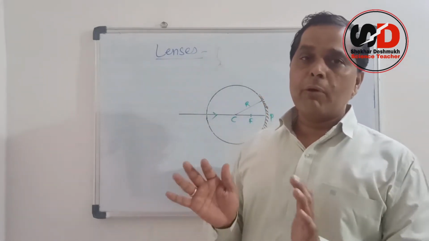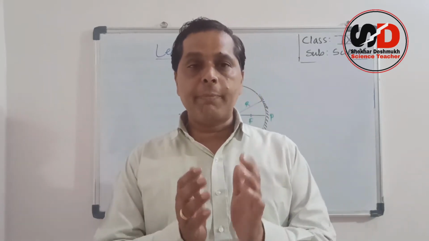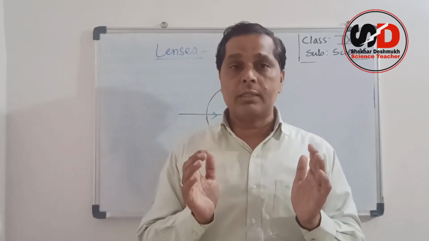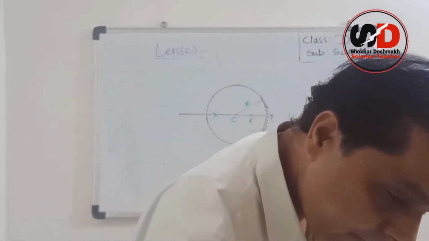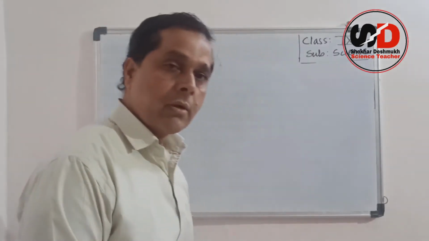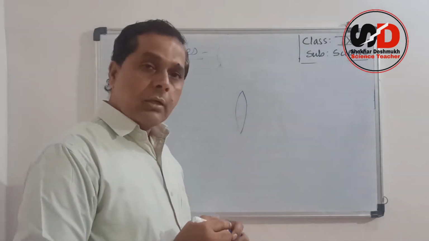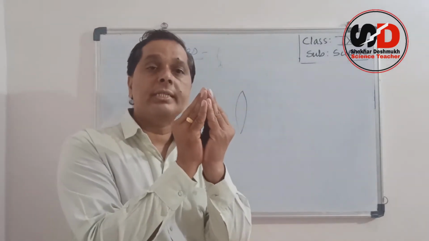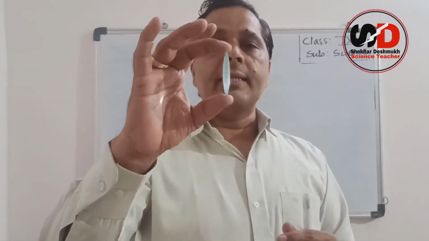If both these surfaces are spherical and bulging outward, that means puffing outward, that is nothing but a convex lens. Look, this is a convex lens.